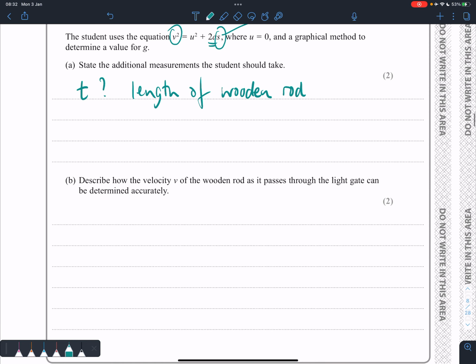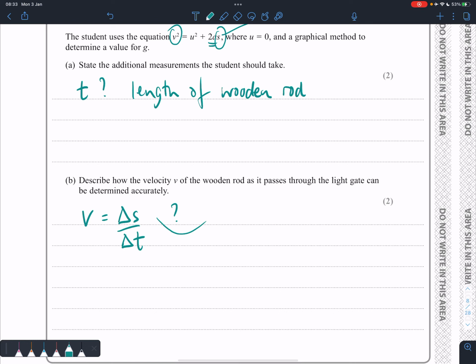Describe how the velocity of the wooden rod as it passes can be determined accurately. Okay, so you need to work out what velocity is. If velocity is equal to the change in displacement divided by the change in time, you've got to be working out how to measure the change of displacement of the rod as it goes through the light gate.